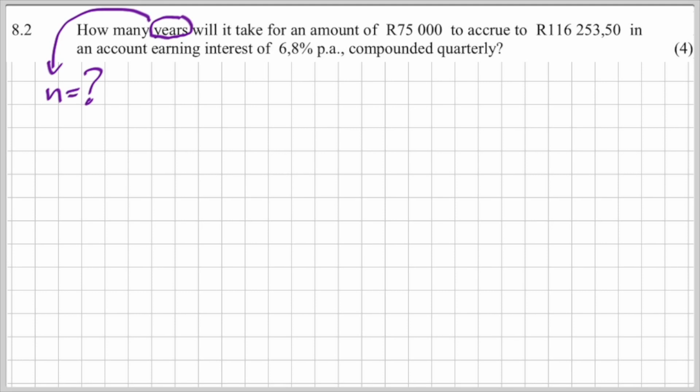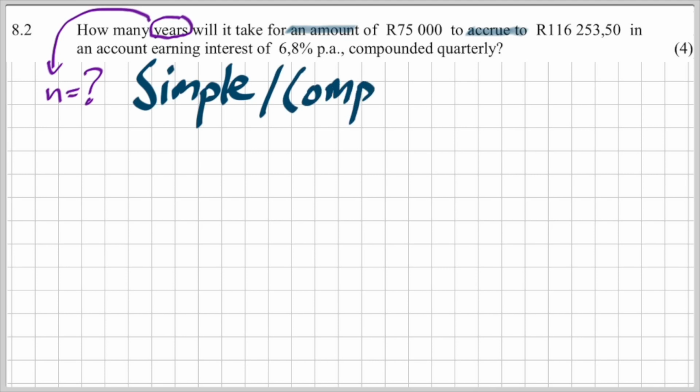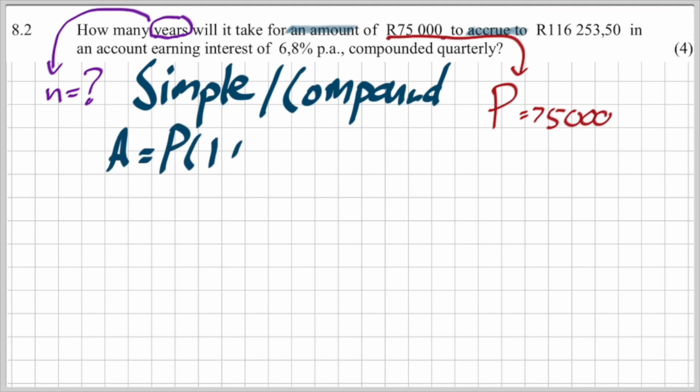So how many years will it take for an amount to accrue? So I know it's growth, which could be either simple or compound growth. They're giving me the P value, the present value, the starting value, and they give me 2 formulas.